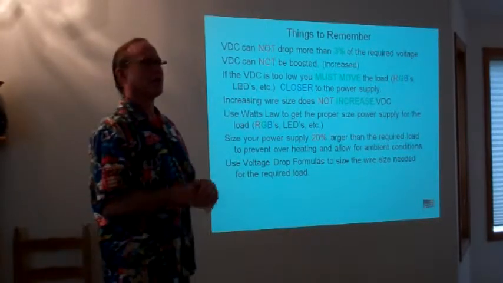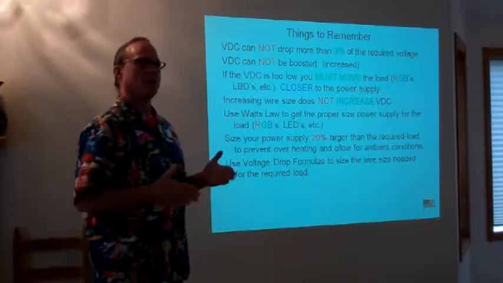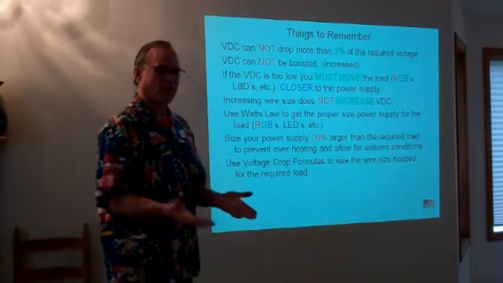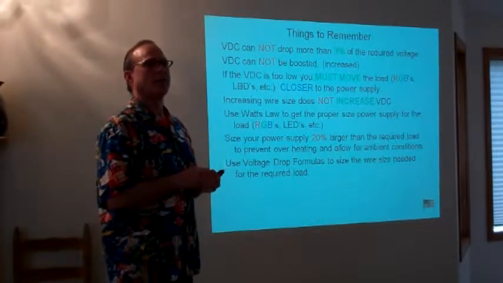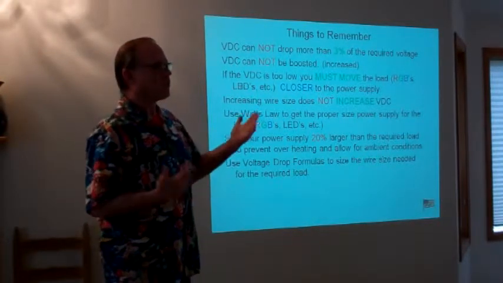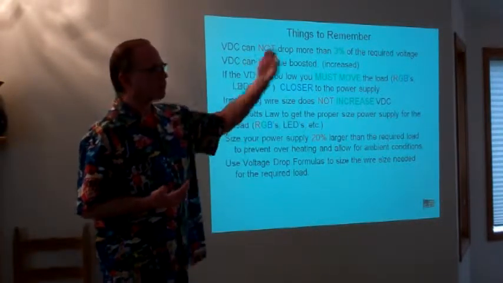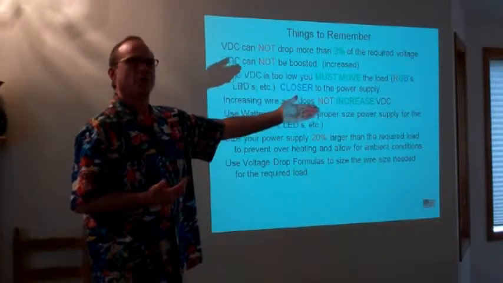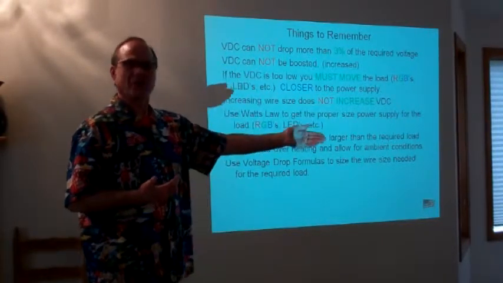So what basically Mark was just saying there is that you have a voltage supply. Okay, we have a power supply here. Let's say for instance, we wanted to provide 12 volts, but the wire we had in the run is only going to allow us to get 11 volts down there.